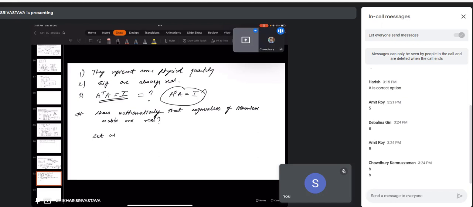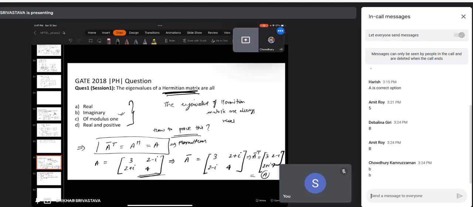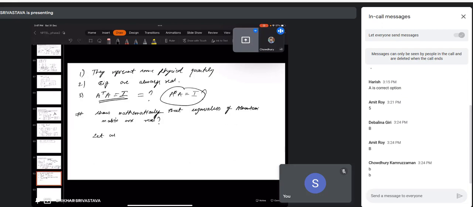This is true for Hermitian matrices, and if the matrix has a complex part, then we write it in this form: A dagger A is equal to I. If the matrix has only a real part, then the conjugate part just goes away and you are left with A transpose A equals I. These two properties are actually the same; they just represent two different classes. Here I have represented it in the form of a Hermitian matrix, because A dagger is nothing but A^H.